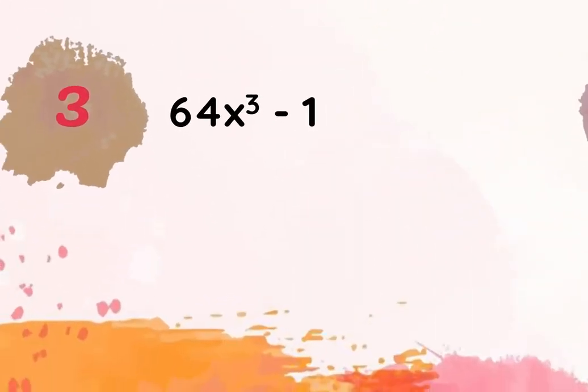All right, go to 3. Is 64 x to the third minus 1, are they both perfect cubes? Yep. So what's the cube root of 64 x to the third? 4x. Good. What's the cube root of 1? So the first set of parentheses is 4x and 1.